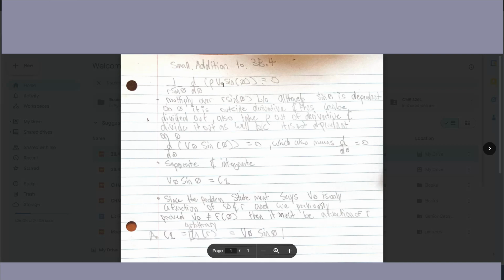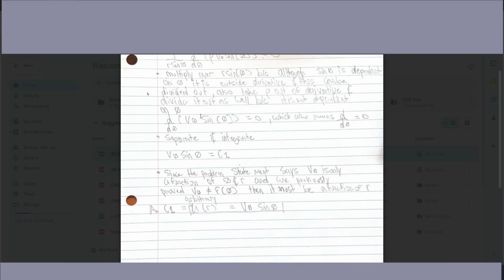Also take rho out of the derivative, and then just divide it out, because again, the density is not dependent on theta, so you can just take it out because one side is equal to 0.